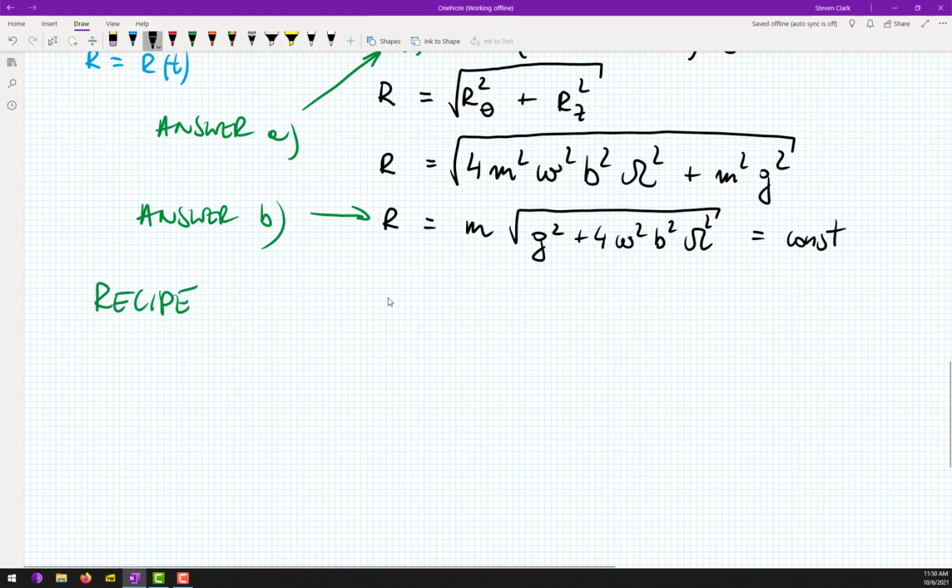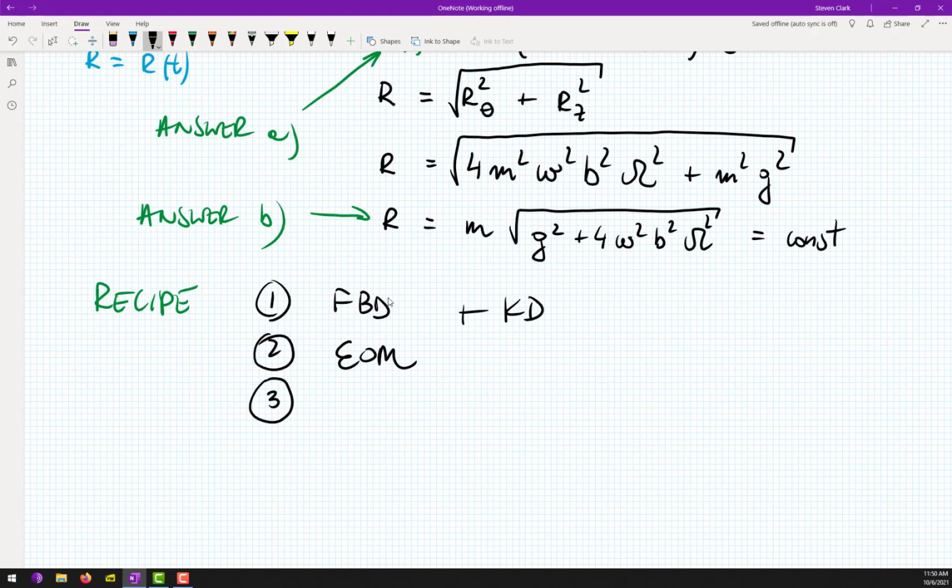First, we draw the FBD plus KD. Once we have that, we are able to write the EOM. And usually, 99% of the time, not always, we have to count the number of equations and the number of unknowns. And 99% of the time, the number of equations will be lower than the number of unknowns.